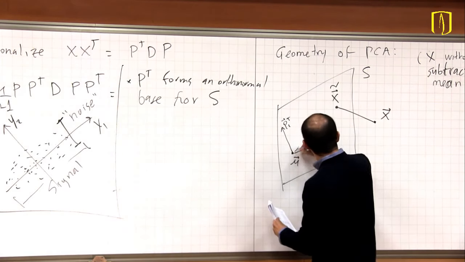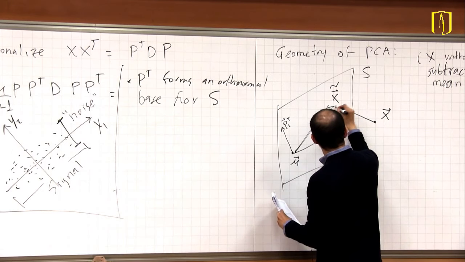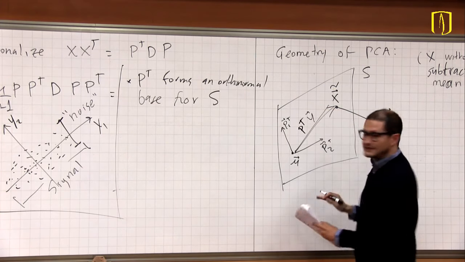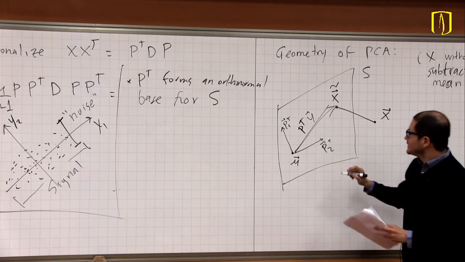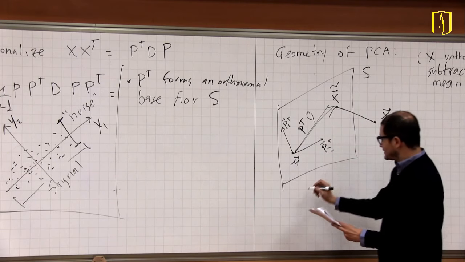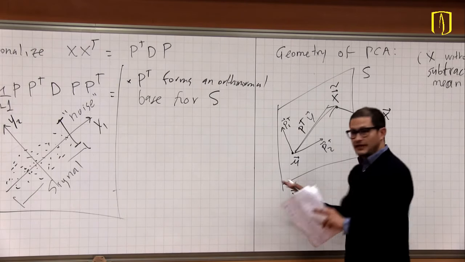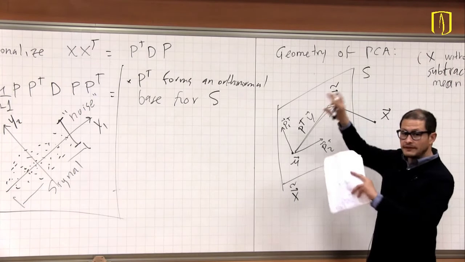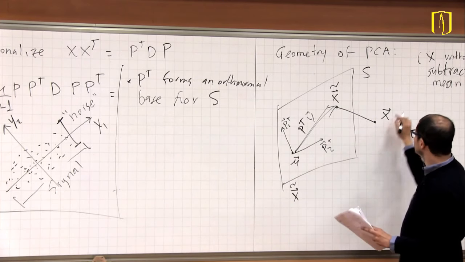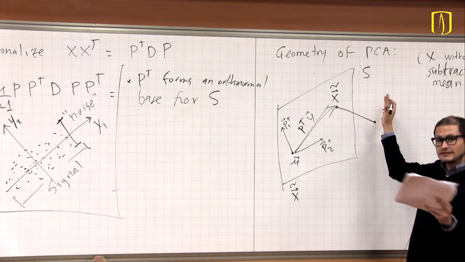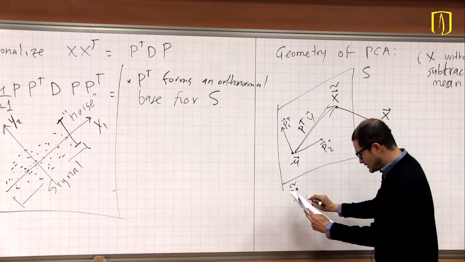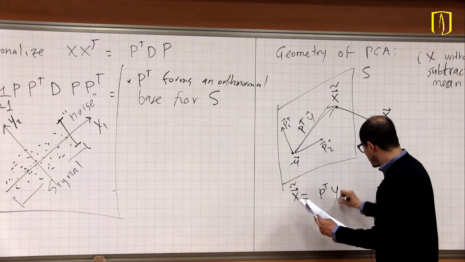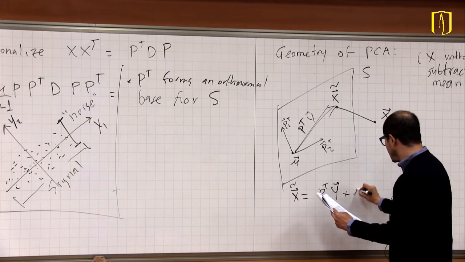This vector here that connects is going to be P transpose y, which means that my reconstruction, my approximation x tilde to my original vector x in the higher dimensional space, is P transpose y plus the mean.